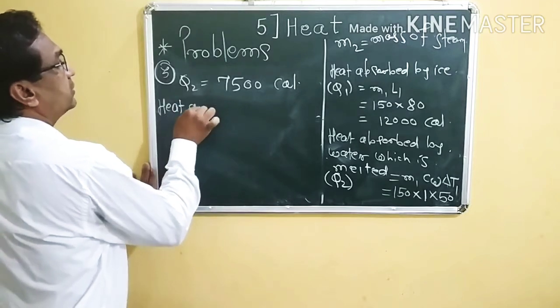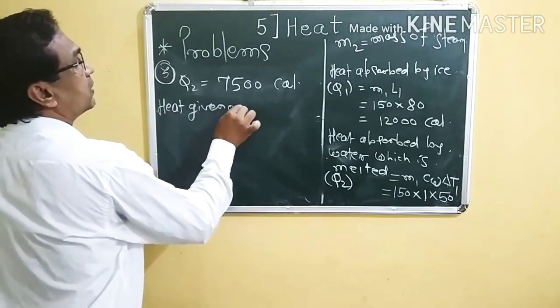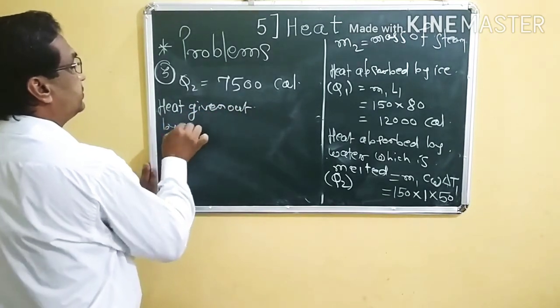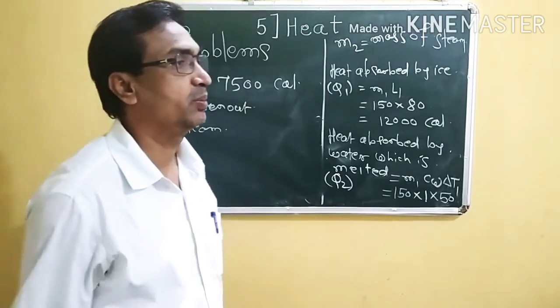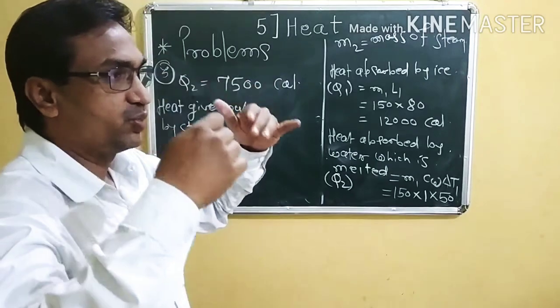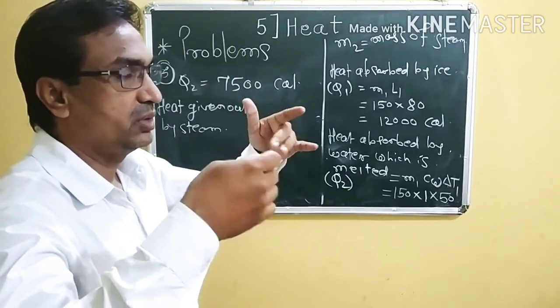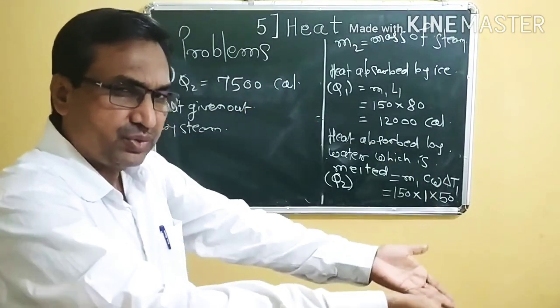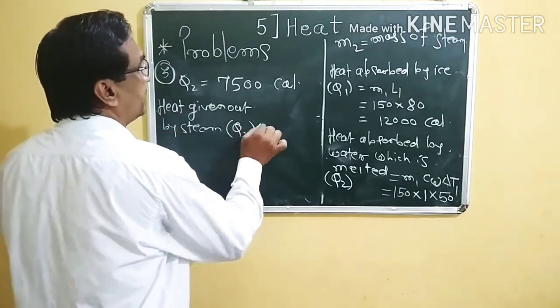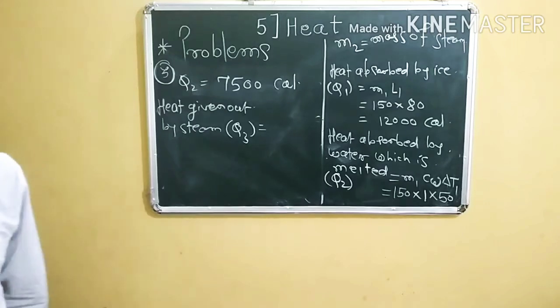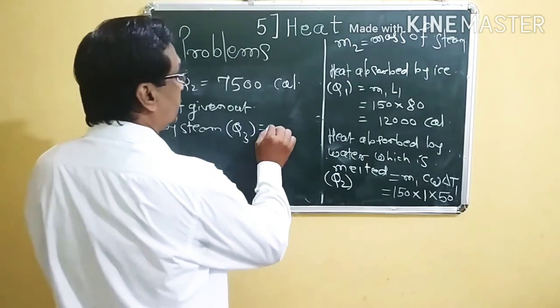Heat given out by steam. There is a transformation taking place, a transformation of a gaseous state into a liquid state. So heat is given out, and this is Q3, and this is M2L2.